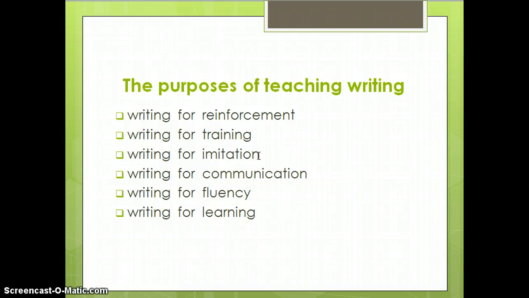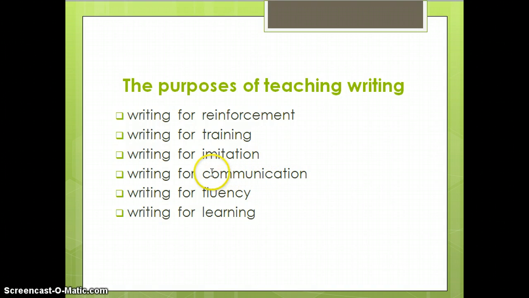The fourth type is writing for communication, and it generally arose from the attempt to make language teaching more communicative. For instance, they ask you to write a letter to a friend.